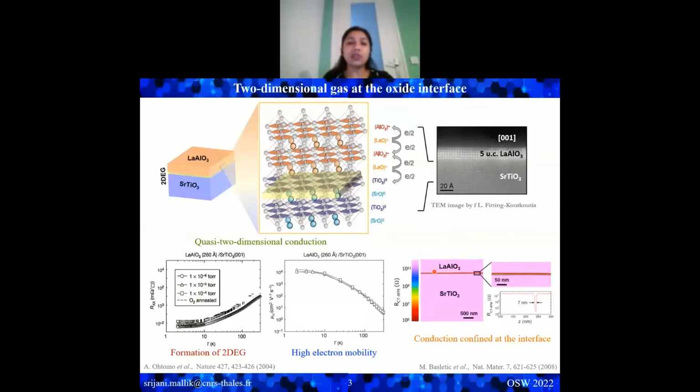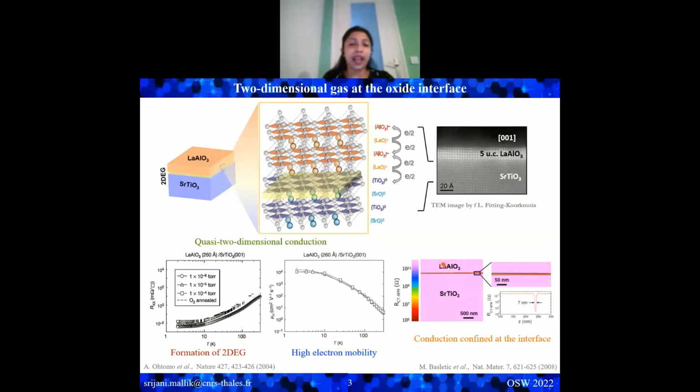These two-dimensional electron gases have a lot of very interesting properties, like very high electron mobilities, high spin orbit coupling, low temperature superconductivity, quantum Hall effect, and very nice gate tunability, and many more. So this oxide two-dimensional electron gas immediately became quite a hot topic.